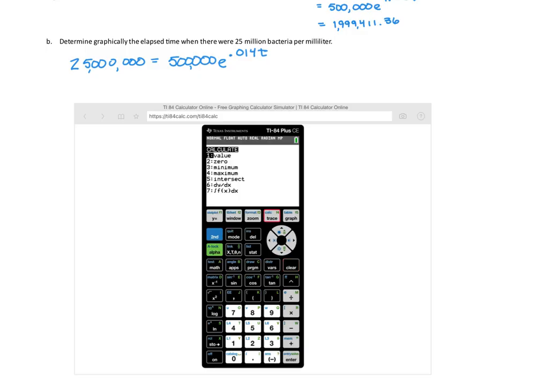Let's try that again. We have that this intersects at 279. And so that is going to be our answer.